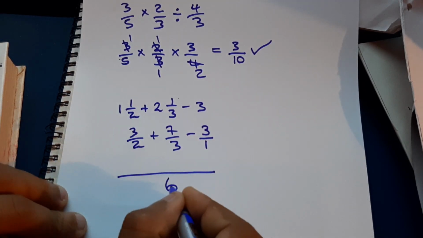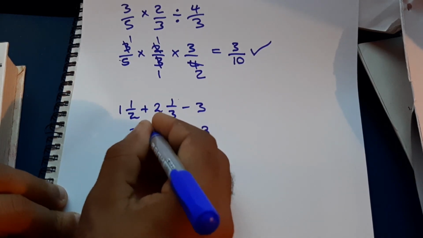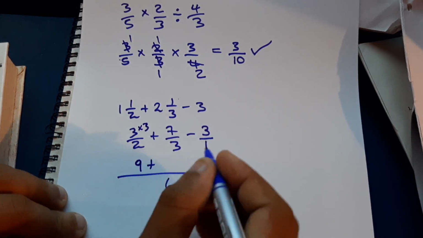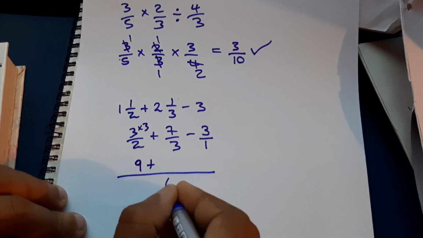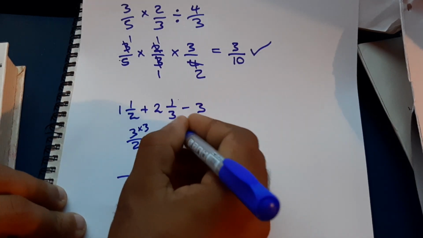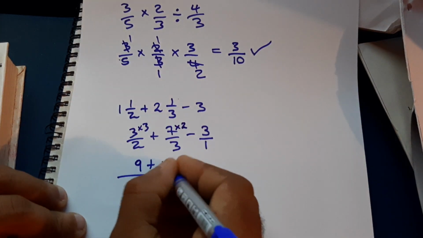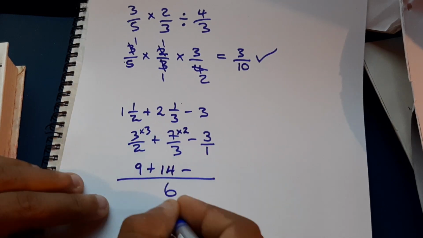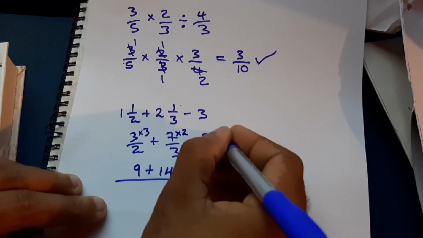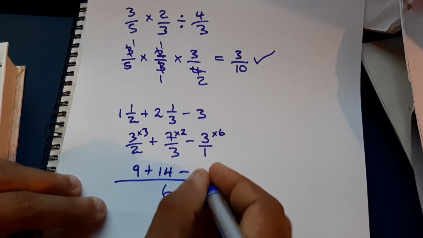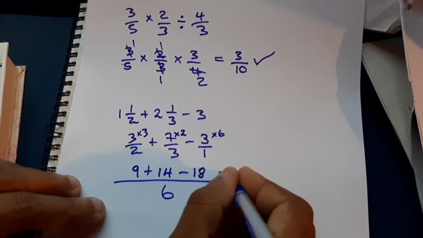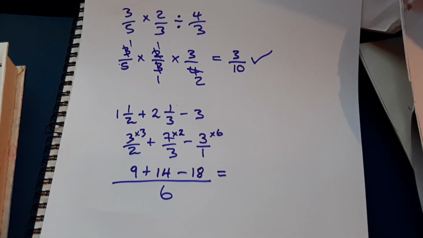2 into 6 goes 3. 3 times 3, that's going to give me 9. Plus 3 into 6 goes 2. 2 times 7, that's going to give me what? 14. Minus 1 into 6, that's 6. 6 times 3, that's going to give me what? 18. Now let's see if we can add these.